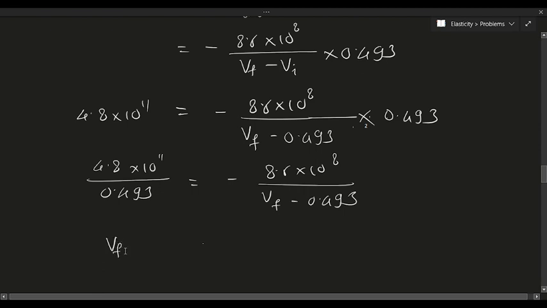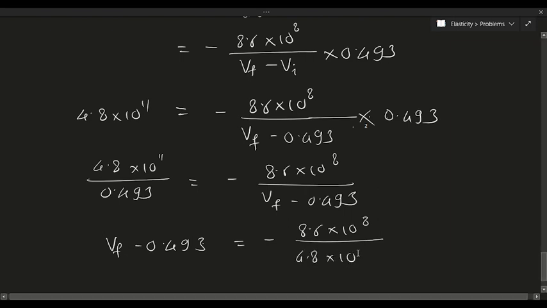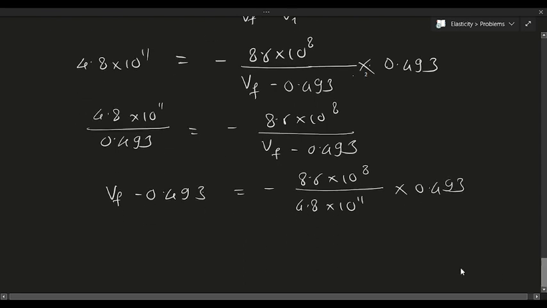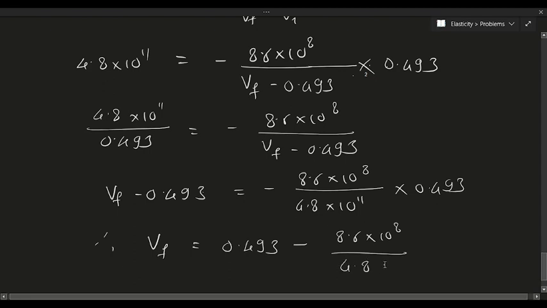Then we have Vf minus 0.493 equal to minus 8.6 into 10 raised to 8 divided by 4.8 into 10 raised to 11 multiplied by 0.493, and therefore we have Vf equal to 0.493 minus 8.6 into 10 raised to 8 divided by 4.8 into 10 raised to 11 into 0.493.